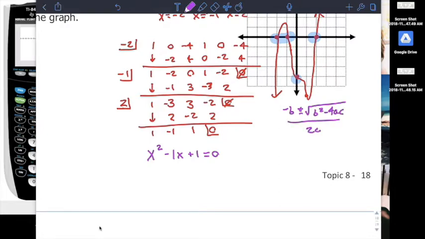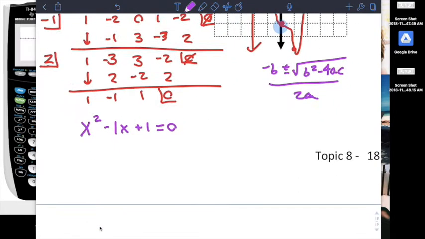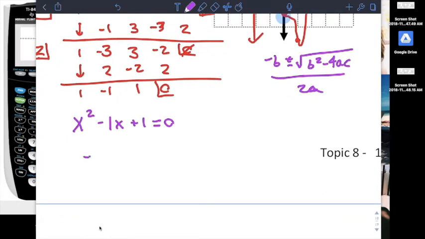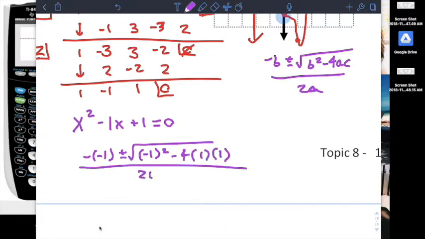So we're going to plug into that. So that'll be negative 1 plus or minus square root b squared, which is negative 1 squared, minus 4 times a times c, all divided by 2 times 1. And negative 1 will be positive 1.